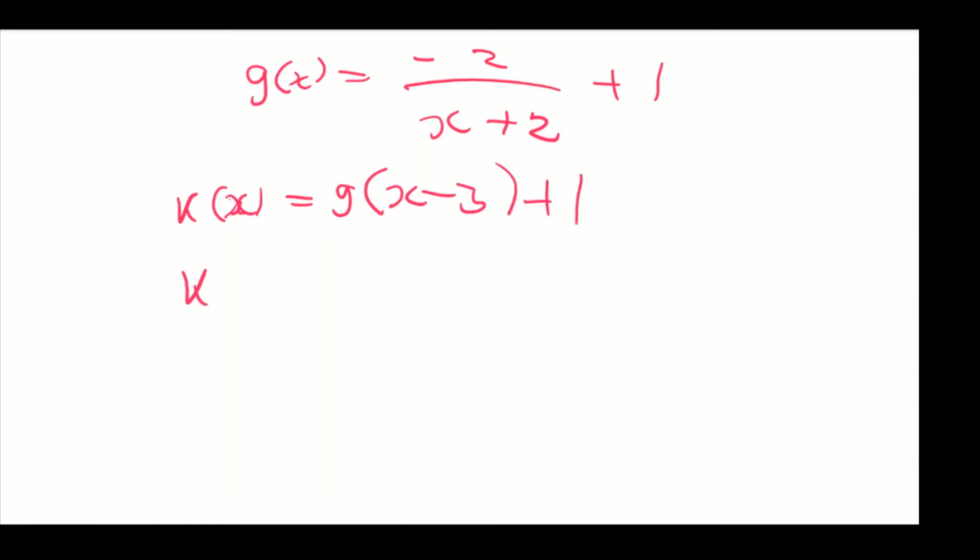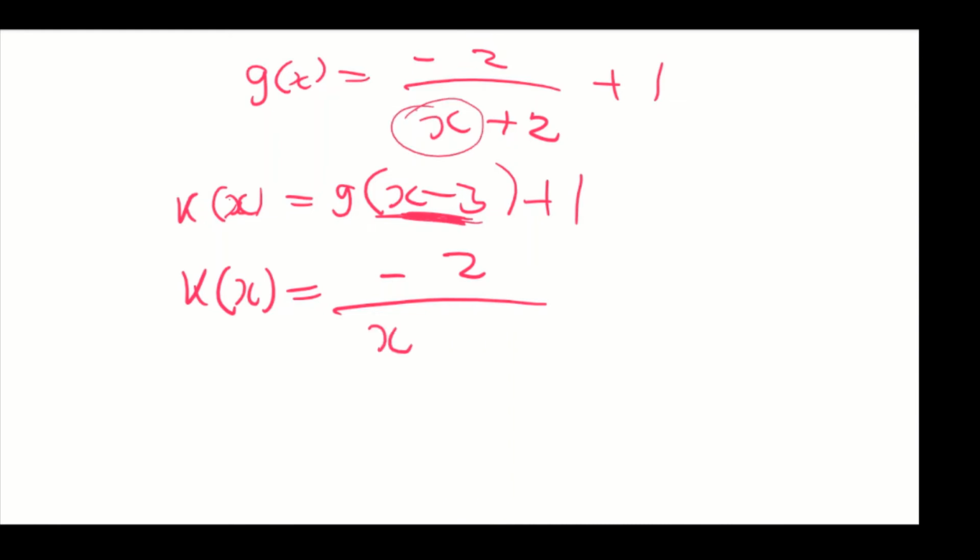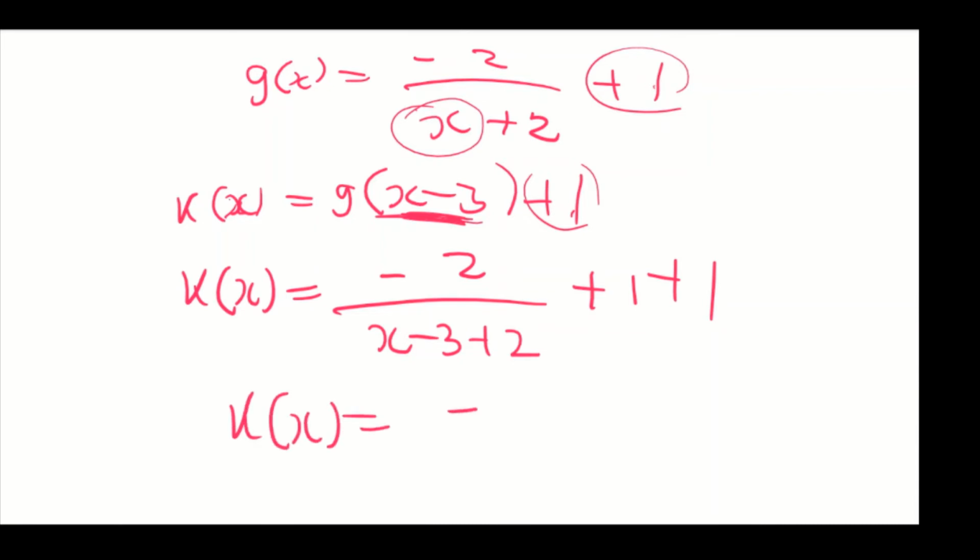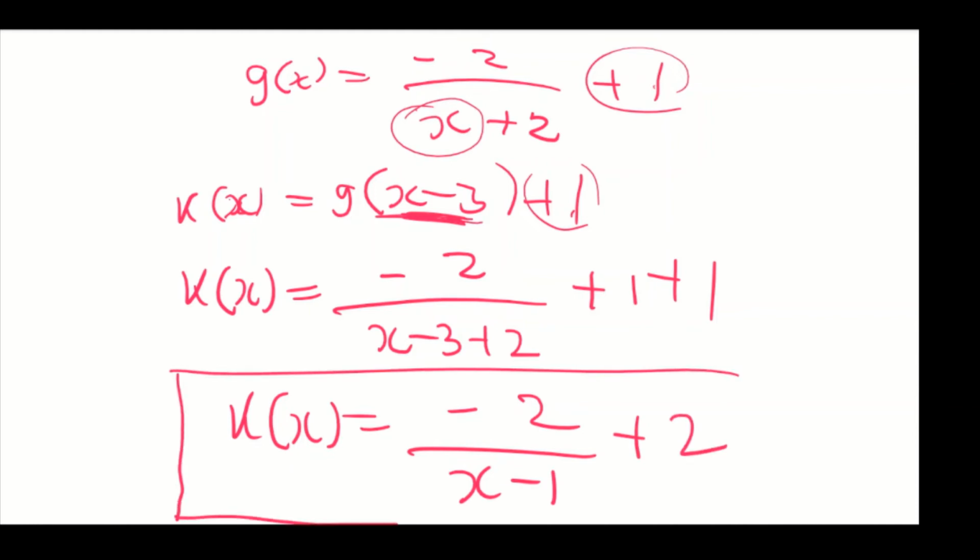So our k of x will be equal to minus 2 over, and in our g of x, we're going to substitute this value here. It's going to be x minus 3 plus the 2, plus the 1, which is this one, and we're going to add this one, which is 1. So our k of x is going to be equal to minus 2 over x minus 1, plus 2. So this is our equation of k of x.